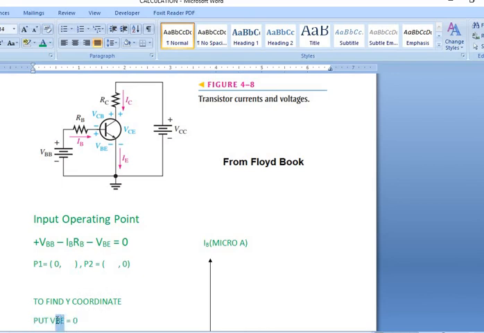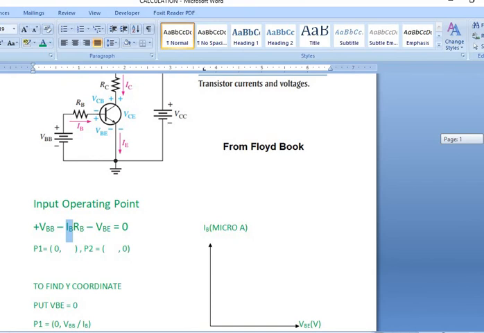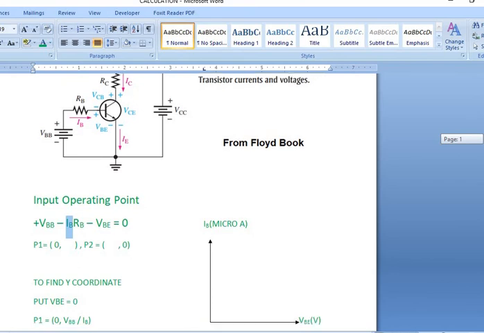This BE is in subscript form, so put the 0 in the place of VBE. So what will be the value of IB here? Obviously, IB is equal to VBB divided by RB.